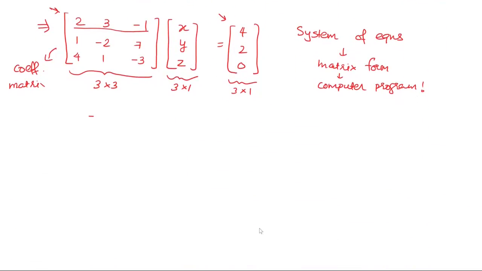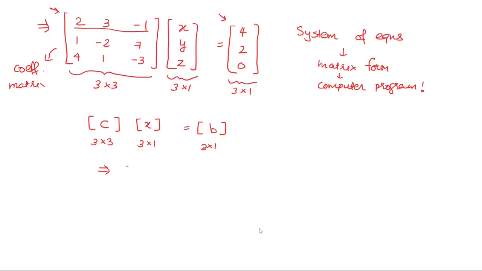Let's write this system of equations in a matrix form, where C is our coefficient matrix, 3 cross 3. X is our unknown, 3 by 1, is equal to our right hand side matrix.